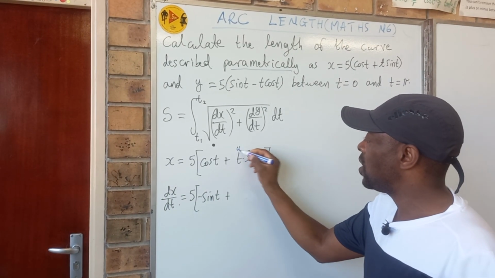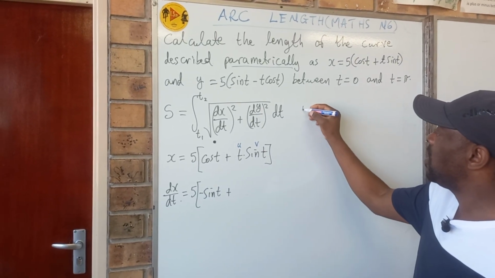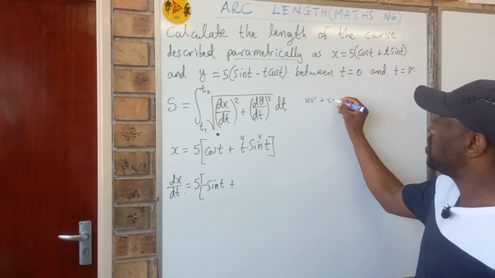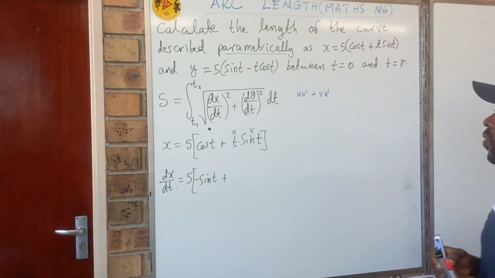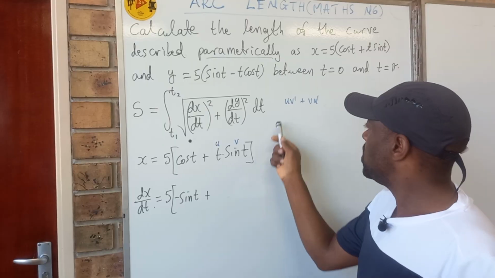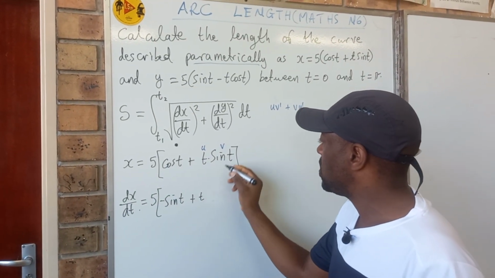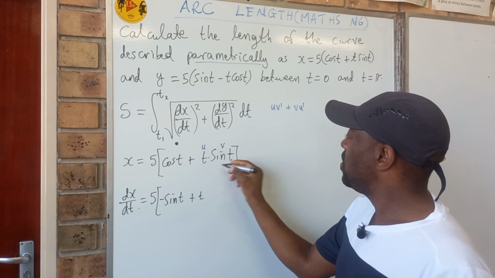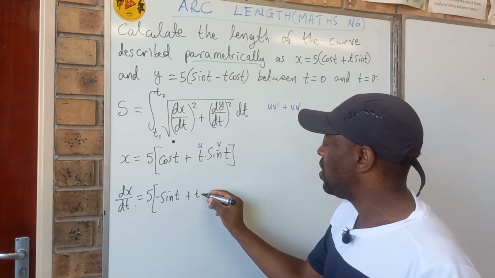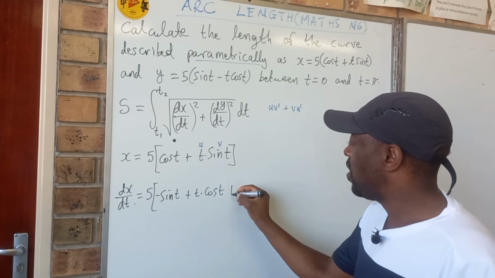You can choose one as u, the other one as v, so that you use the formula u v prime plus v u prime. If I use that here, it means my u will be t. V prime means I differentiate sine. If I differentiate sine, it gives me cos t, then plus.